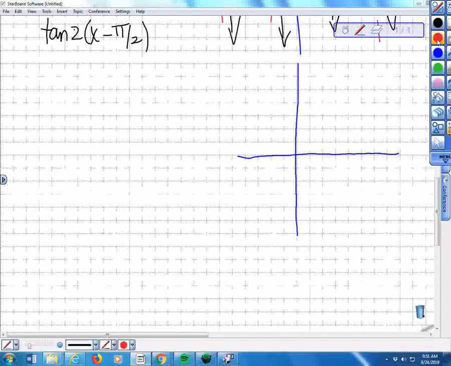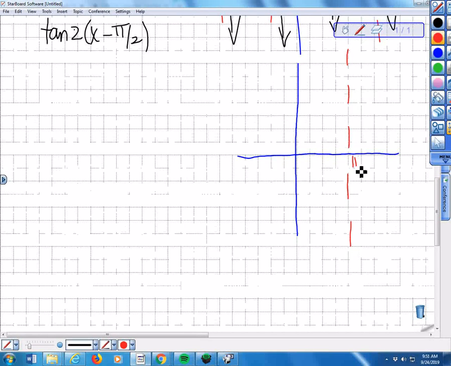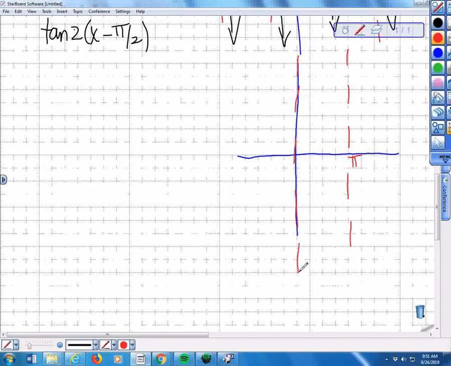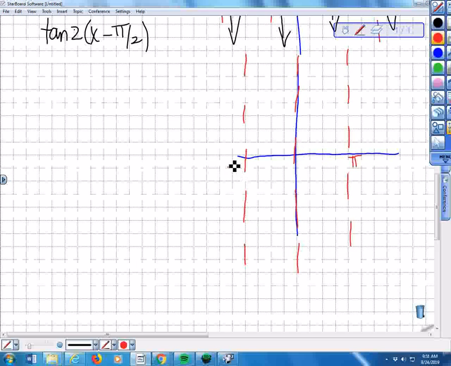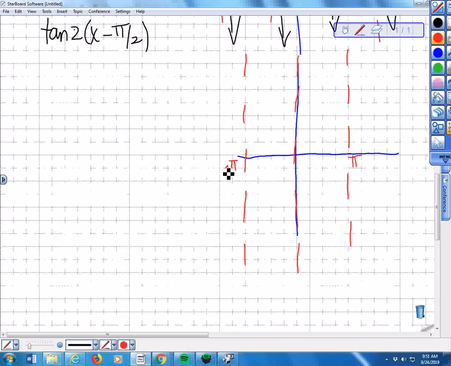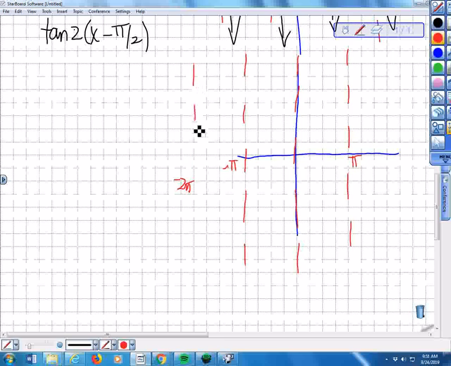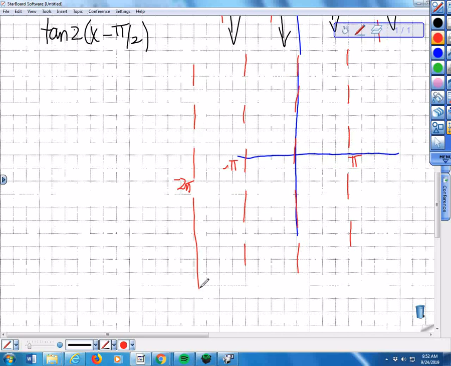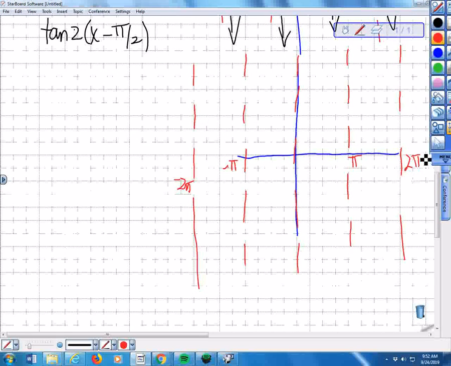If this is pi over 2, this will be pi. 0 and negative pi. And then I'll go over 4 more. Negative 2 pi. And 1, 2, 3, 4 more. 2 pi. So those are my asymptotes.